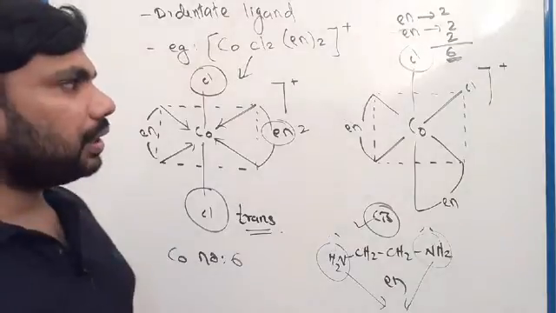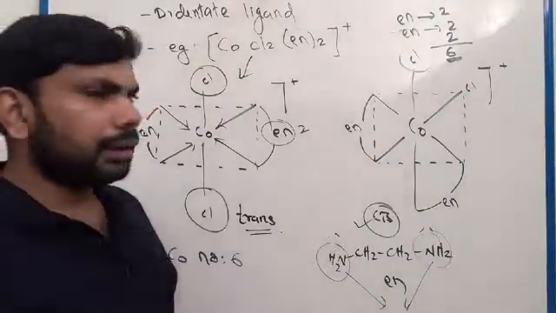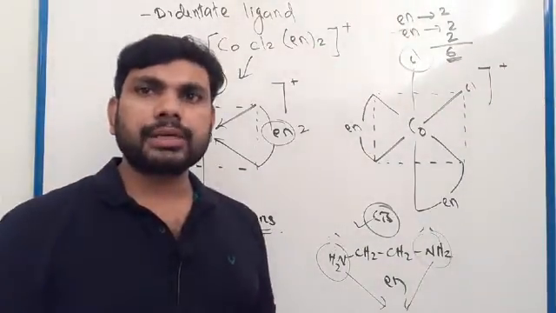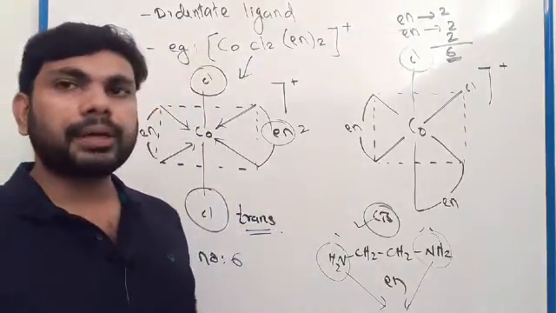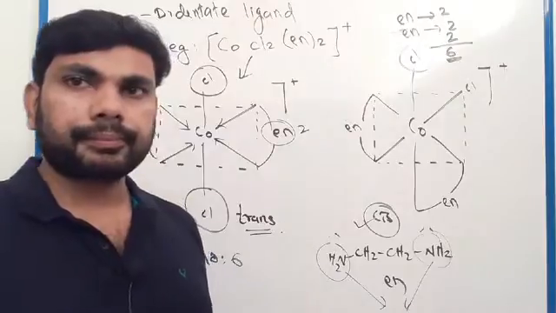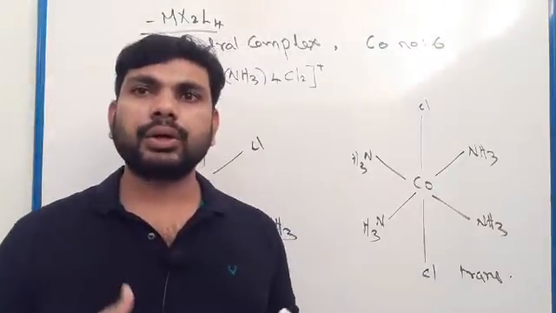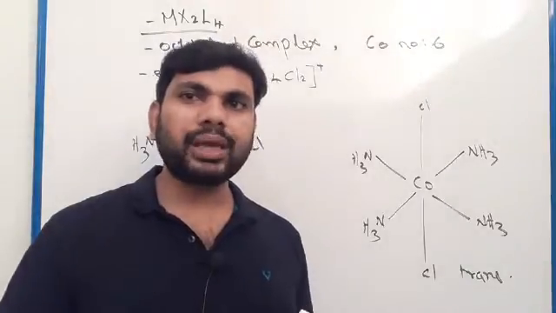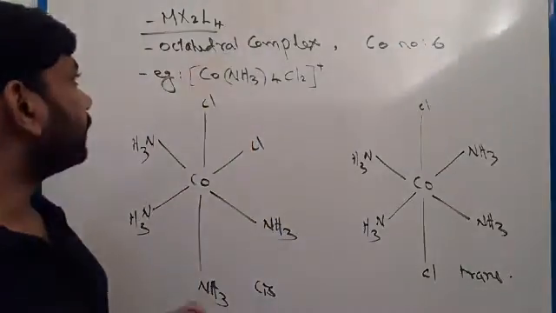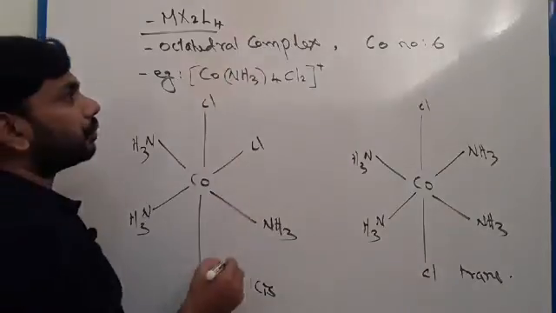And here this coordination is shown with the positive charge, that's why we indicate the coordination number with the positive charge. So here we discussed geometrical isomerism in bidentate ligand with coordination number 6. Next we have to discuss another type of geometrical isomerism, MX2L4.